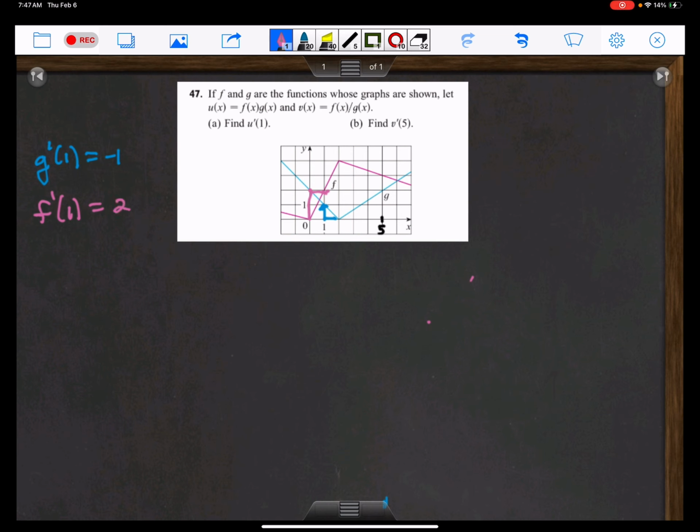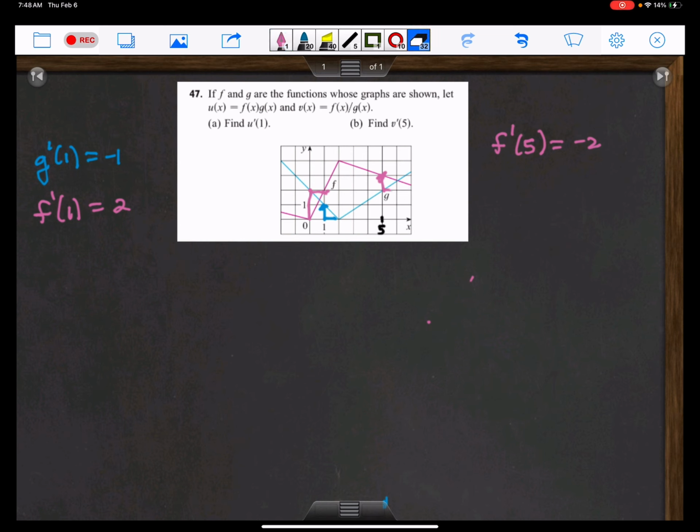We're also going to need these derivatives and slopes at 5. So if we come over here to f at 5, we see that at that point, the slope of the line, down 1 over 2, is -2. So f prime of 5 is -2.